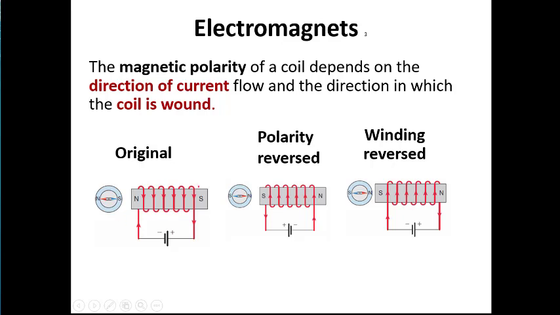So here's some other examples that are a little bit better. Here we're looking at the magnetic polarity of the coil, and it depends on which direction the current flows and how the current is wound. So there's actually 4 different versions of this. If we look here, this one goes back first. So we have our hand behind the wire. So I take my left hand.